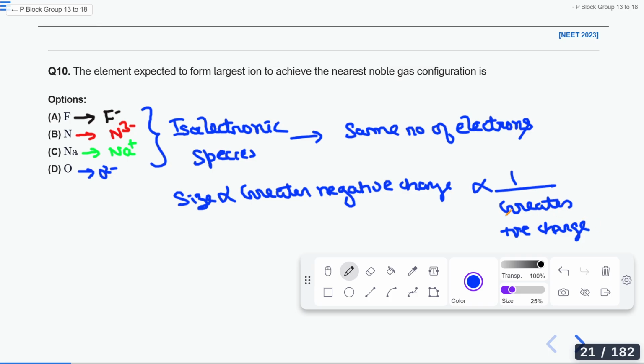So you know it very well that the largest size will be of N3 minus. Then we will have O2 minus, then F minus, and lastly Na plus. So this will be the order of size. Is it clear to everyone? Anyone is having any doubt? So this is the order of your size.